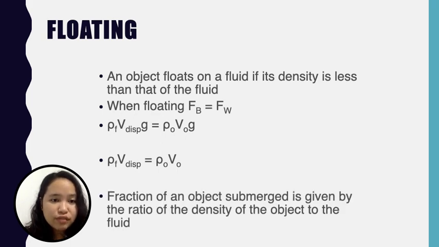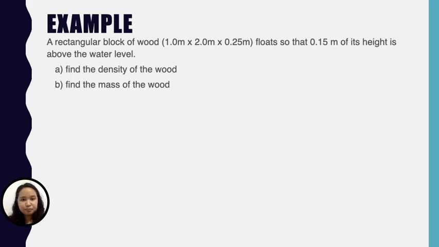So the fraction of an object submerged is given by the ratio of the density of the object to the fluid. Here is an example.